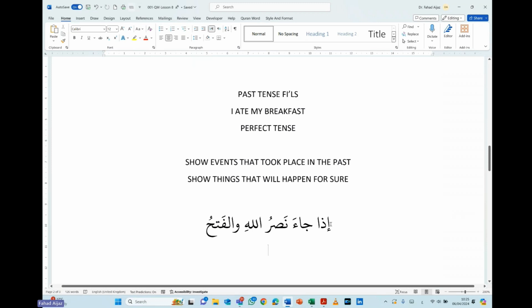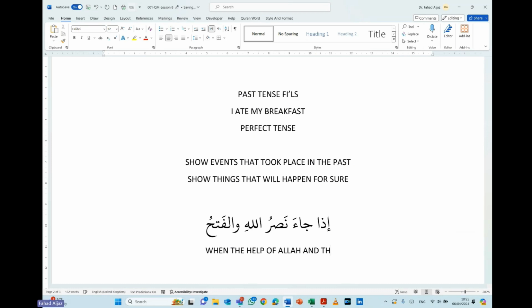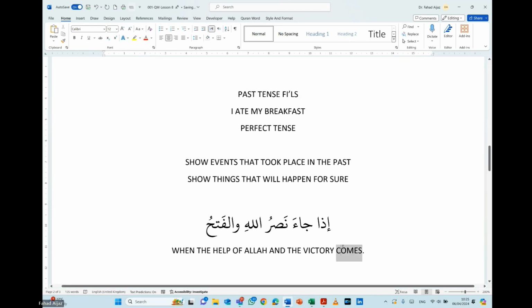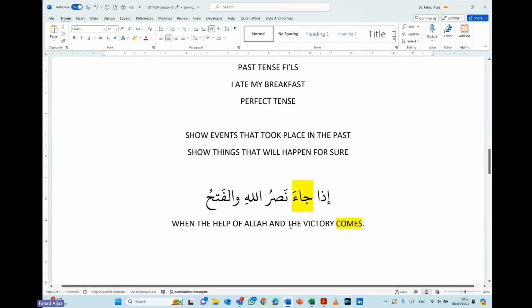But here in the ayah, you would actually see it translated like this: when the help of Allah and the victory comes. That's how you would see it translated many times. Although it's a past tense, it's translated in the present tense.